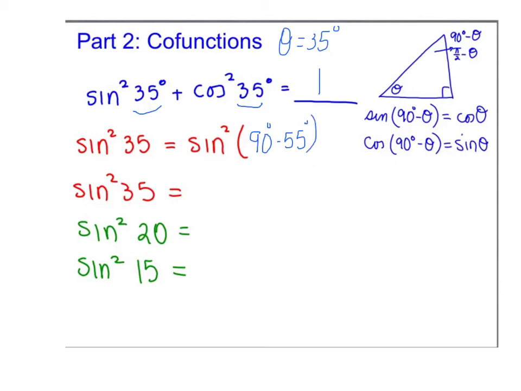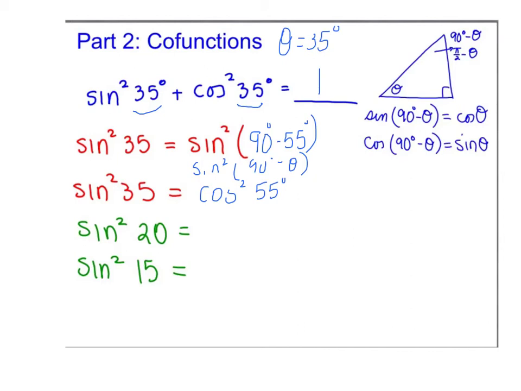Right? 90 minus 55 is 35. So the sine squared of 35 could also be equal to, notice that this is the sine squared of 90 minus theta, right? So it would also be equal to the cosine squared of 55 degrees, because 35 and 55 are cofunctions of each other.